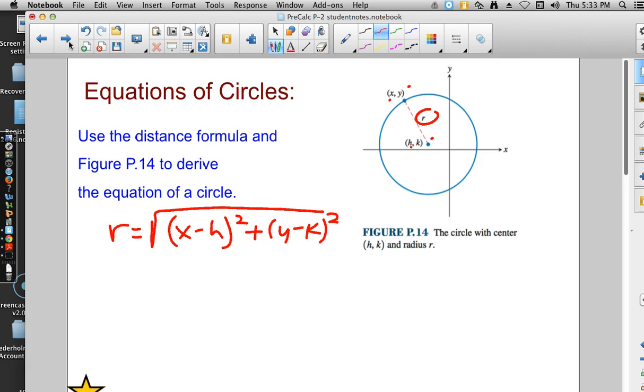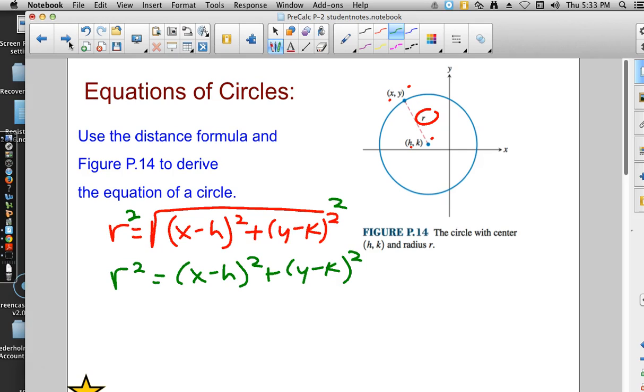Well, I don't think that looks like the circle formula that I remember from geometry. Well, no, but it will very shortly. Because here's what we're going to do. We're going to get rid of that radical. And we're going to say r squared equals (x minus h) squared plus (y minus k) squared. And that is how we get the formula for a circle.